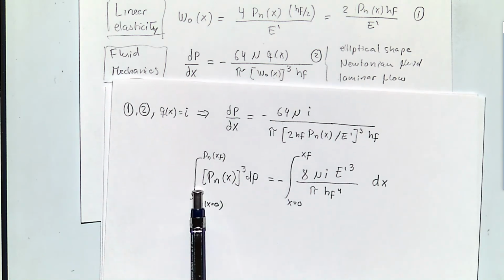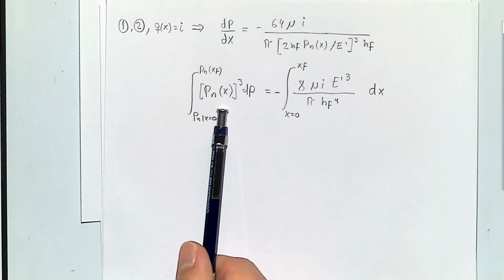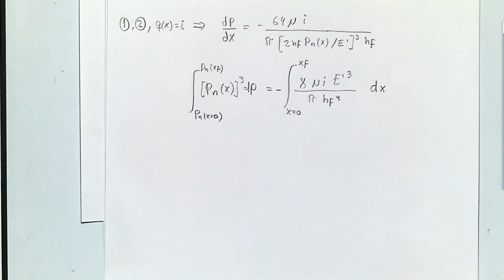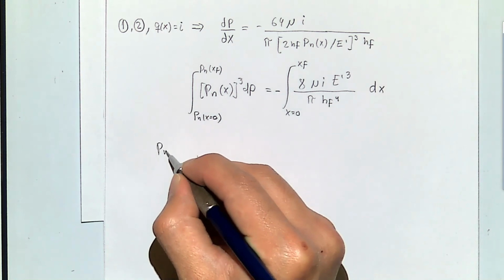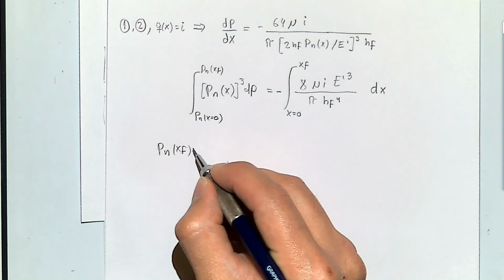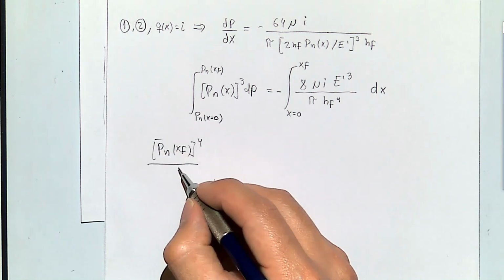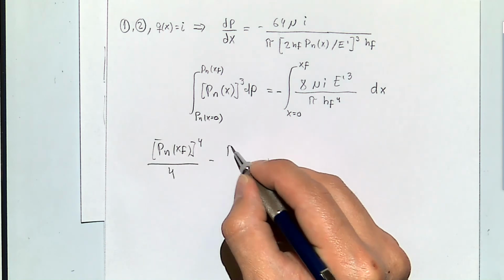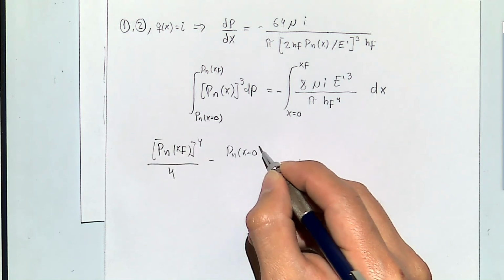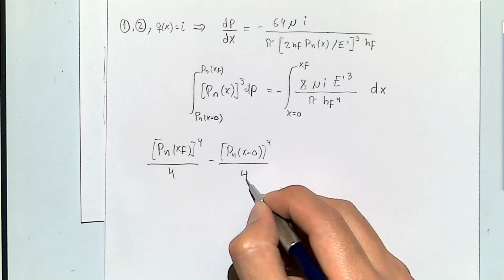And the integral of this is going to be the net pressure to the fourth power. So net pressure at the tip to the fourth power divided by 4 minus net pressure at the tip to the fourth power divided by 4.